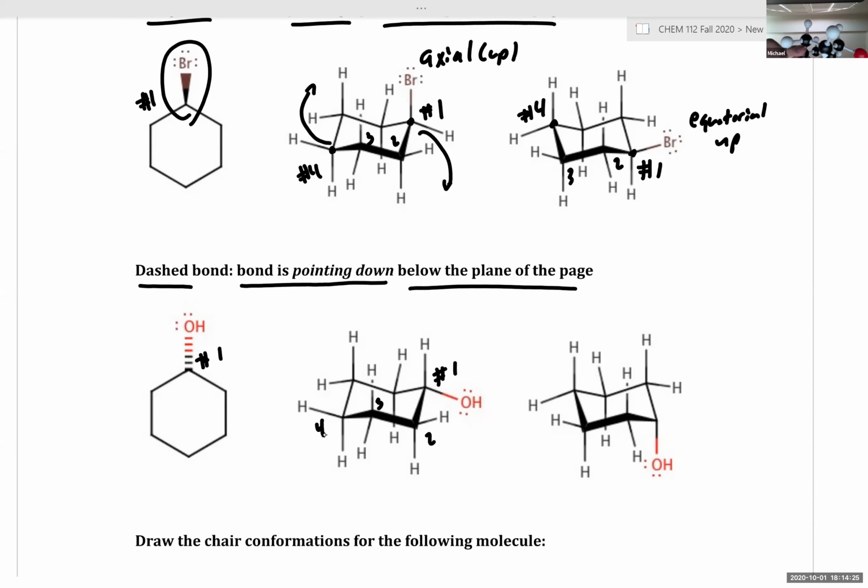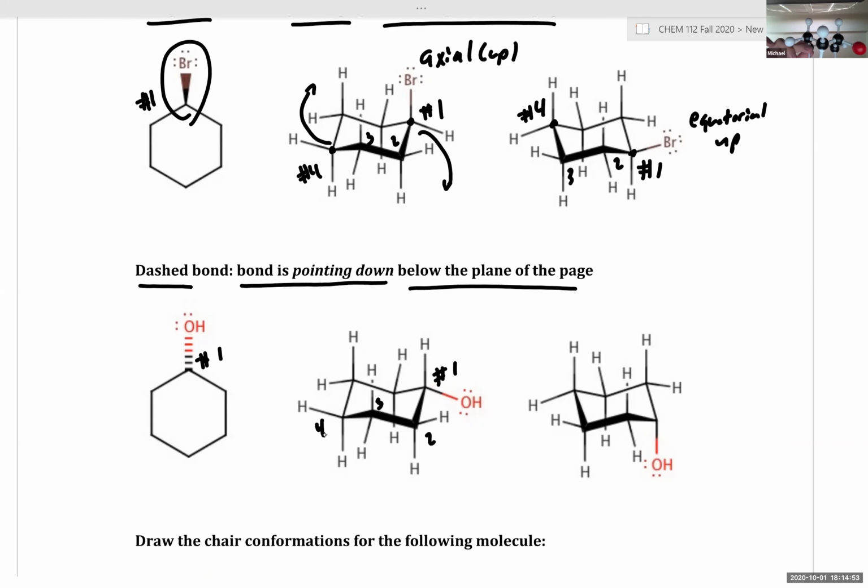And my question to you is, looking at this, here's carbon 1 and here's carbon 4. Looking at our substituent, our alcohol, is that alcohol pointing up or down?